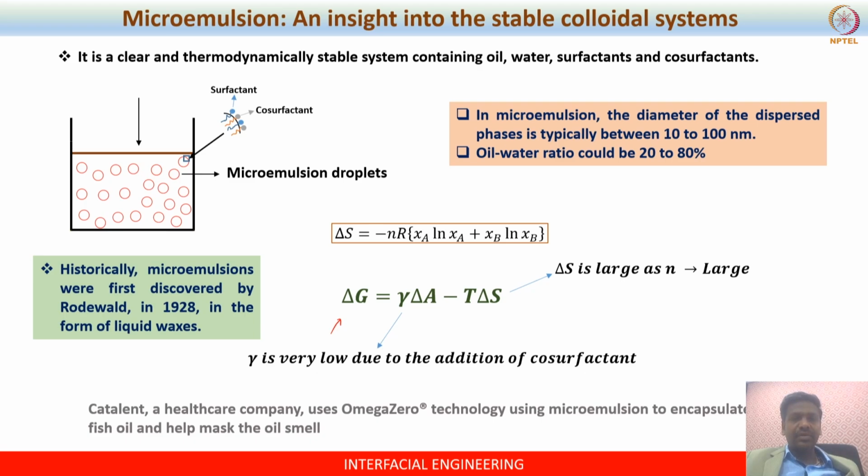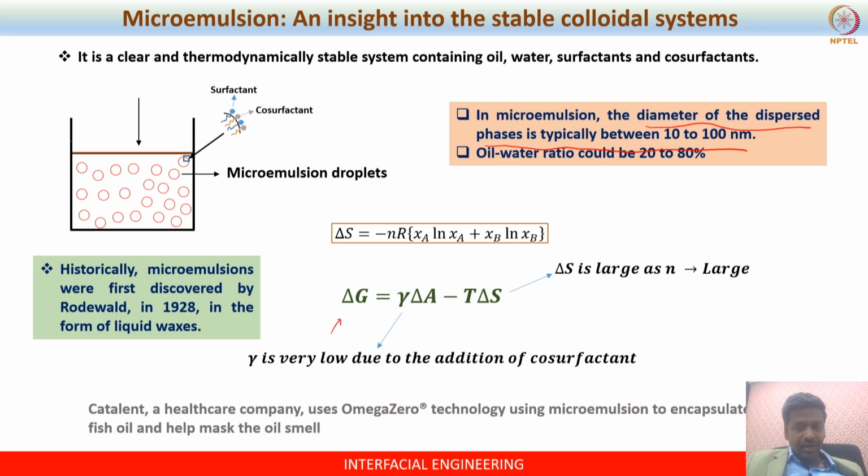Because when you emulsify, as we mentioned here, the typical diameter of the dispersed phase droplets is between 10 to 100 nanometers. In such a scenario, one would expect a large number of droplets generated in the system, which means the surface area generated by the droplets is very, very high.